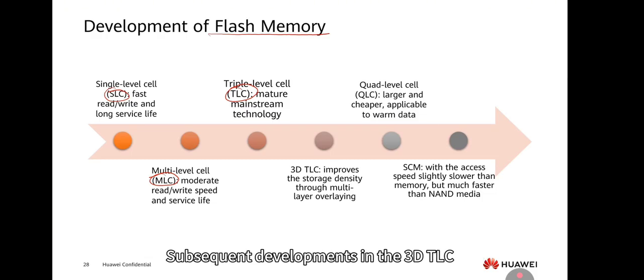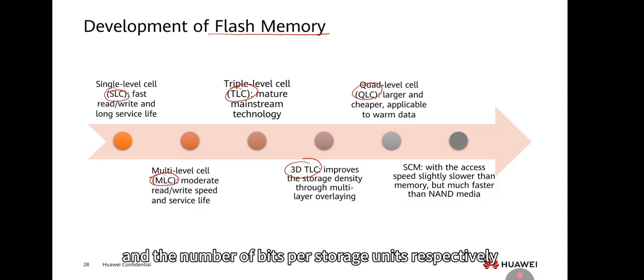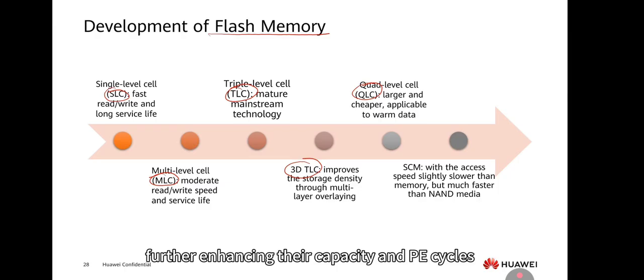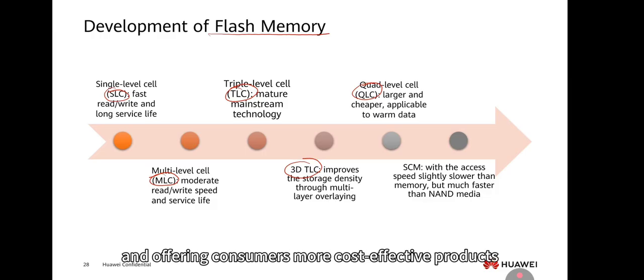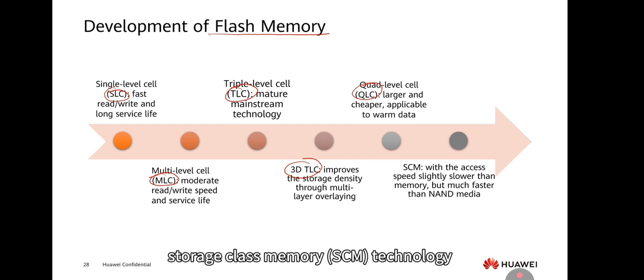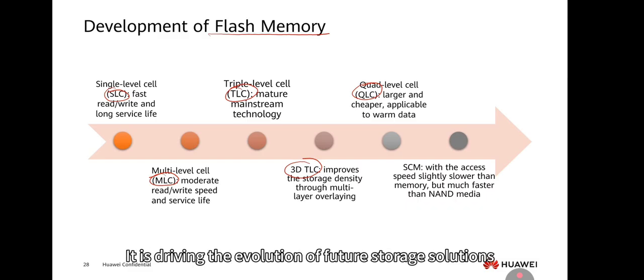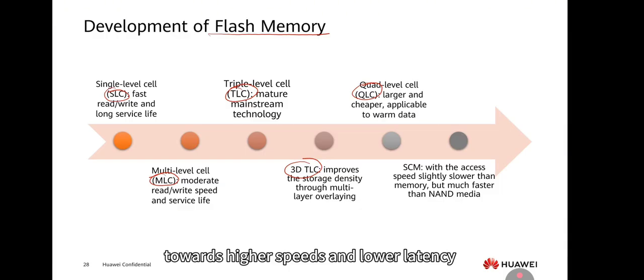Subsequent developments in the 3D TLC and QLC technologies focused on the stacking direction and the number of bits per storage unit respectively, further enhancing their capacity and PE cycles and offering consumers more cost-effective products. The last one mentioned, storage class memory, SCM technology, represents a new emerging storage technology with a different approach from the previous ones. It is driving the evolution of future storage solutions towards higher speeds and lower latency. Let's also take a look at this technology.